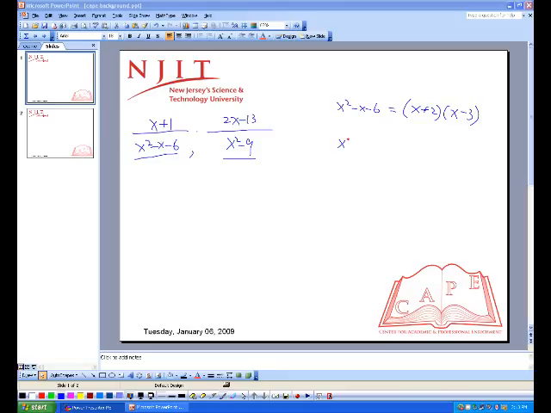We also have to factor x squared minus 9, which is equal to x plus 3 and x minus 3, because this is a difference of squares. Now we have to find the least common denominator of these two.